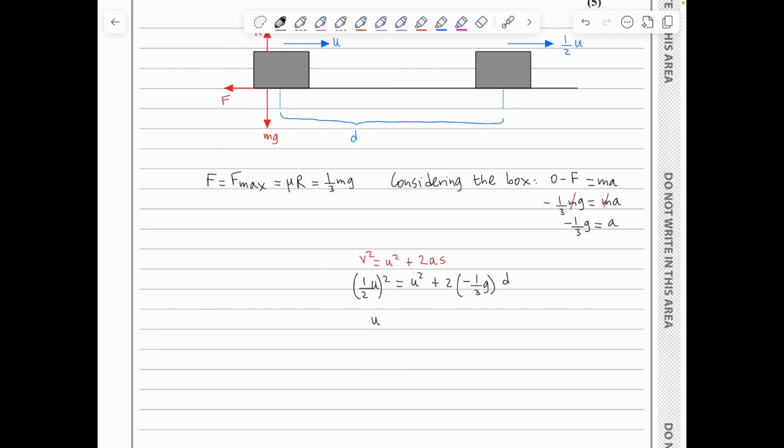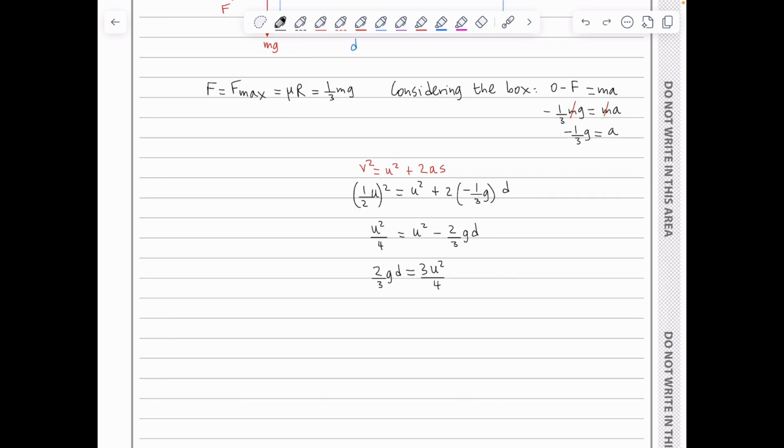So we're looking at u squared over 4 being equal to u squared minus 2/3 gd. So 2/3 g times d is equal to 3u squared over 4. Remember, we're trying to make d the subject of the formula, so I will cross multiply here. So this leads to 8gd being equal to 9u squared, which means that d is equal to 9u squared over 8g.